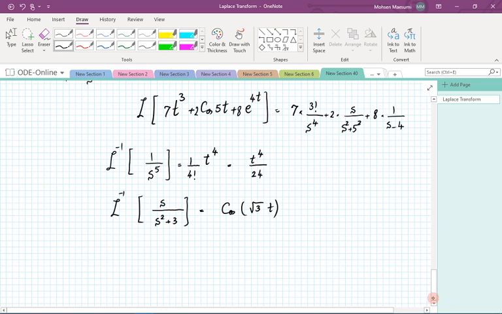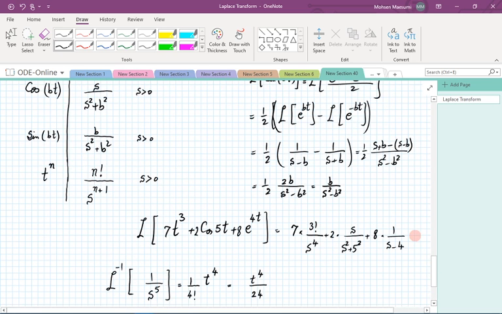Let's do another one. Say the Laplace inverse of, say, 7 over s squared plus 2. Okay, s squared plus a number, that means my b had to be square root of 2. So if I write sine of square root of 2 times t, here I'll have s squared plus 2. But I'll also have a square root of 2 in the numerator.